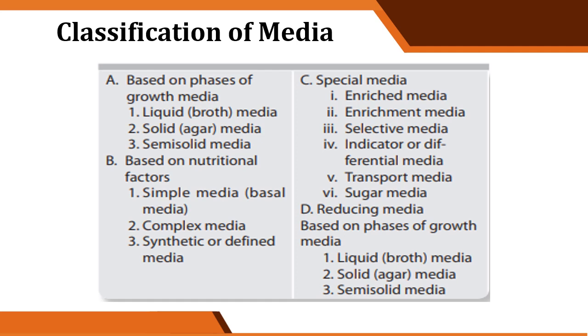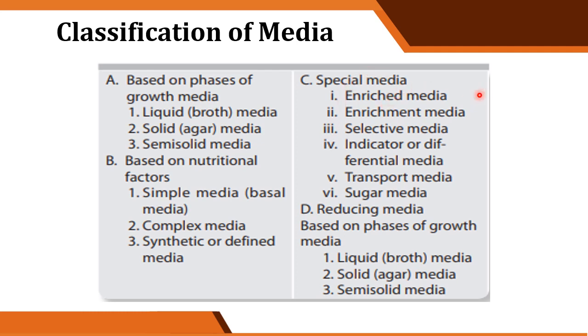Next is based on nutritional factors. We have a simple media. Simple media is usually not specific; many kinds of bacteria can grow on it. And then we have complex media and synthetic or defined media.